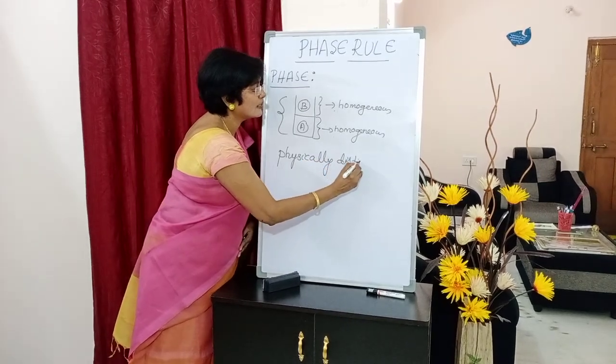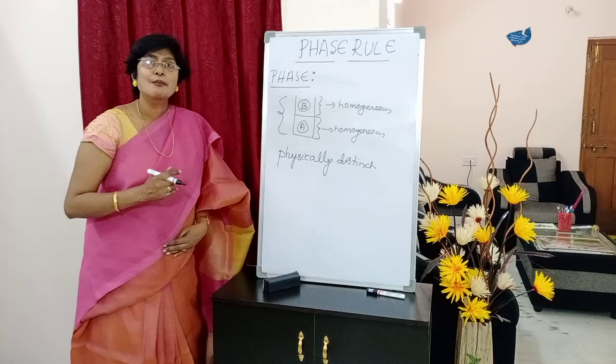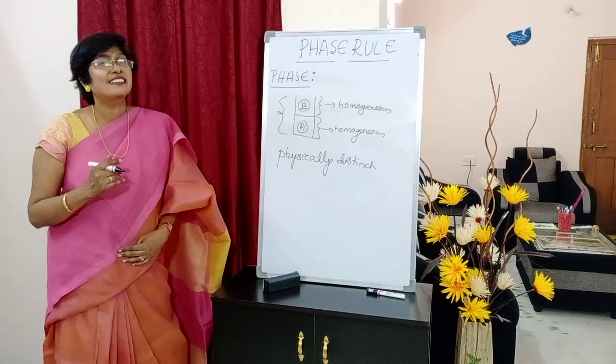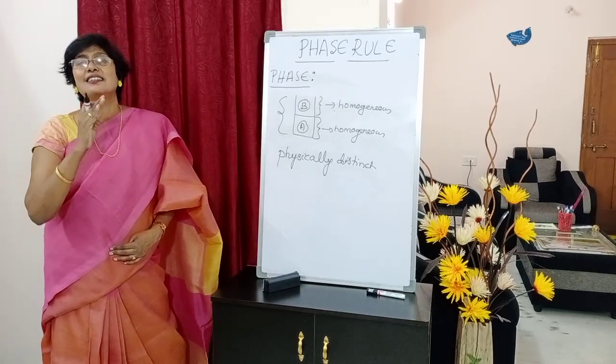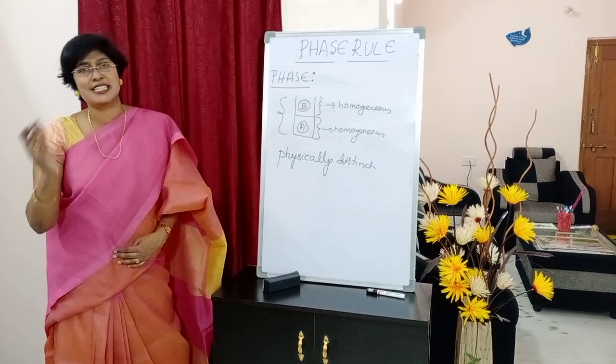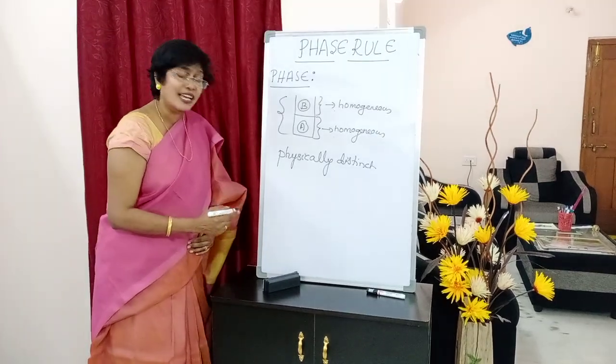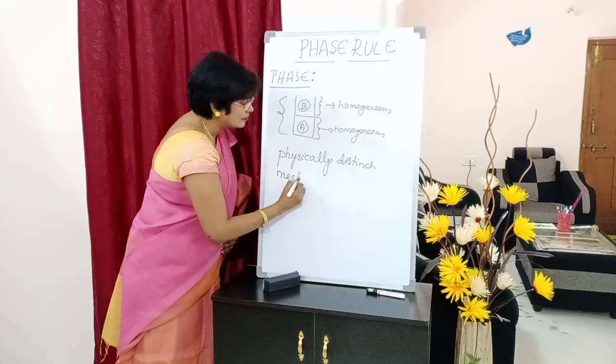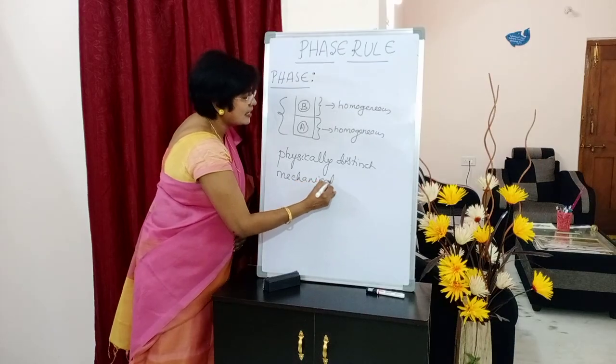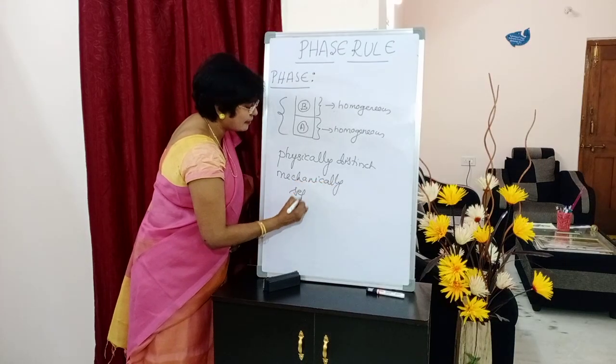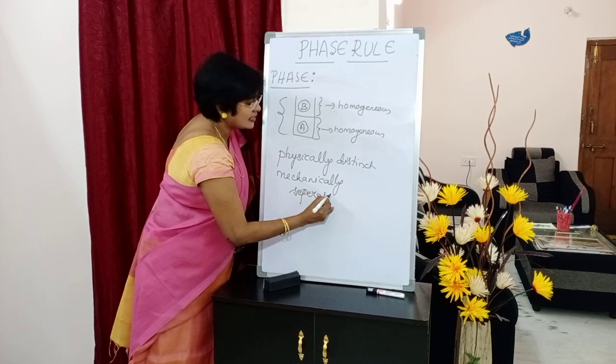Physically distinct. You might know the meaning of physically distinct. That means they are distinguishable physically. And mechanically separable. What is the meaning?